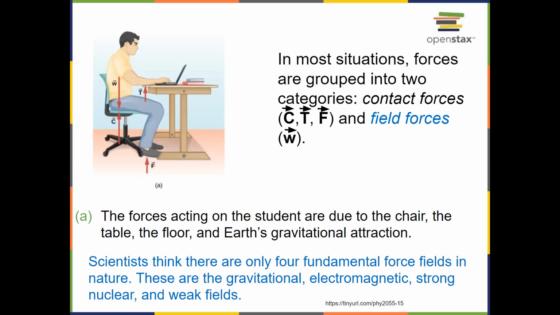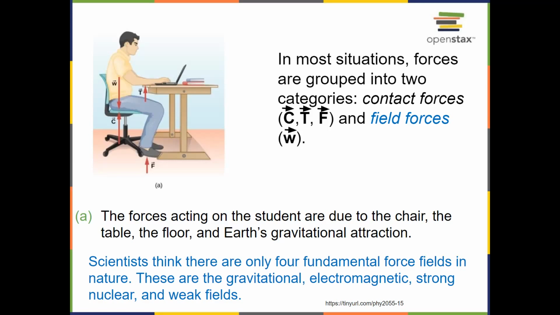Among those different forces, they are actually divided into two categories. One is called the contact force. For example, these C, T, and F are based on a contact between two objects.